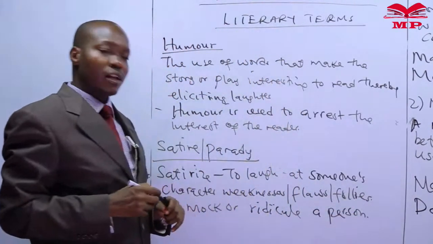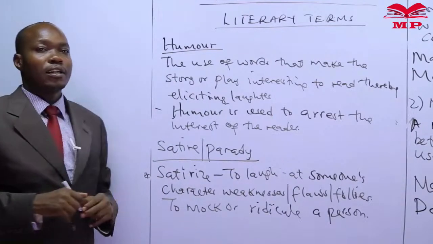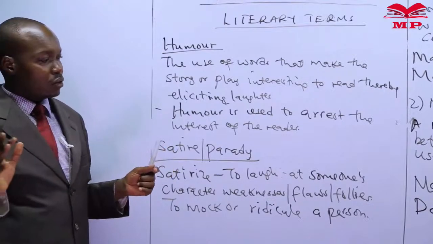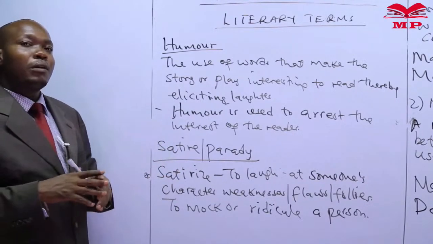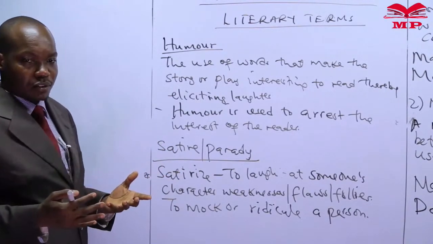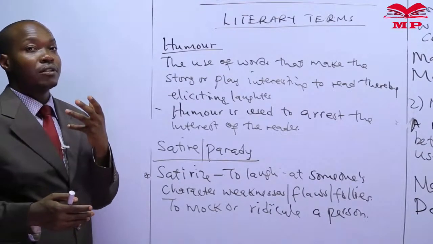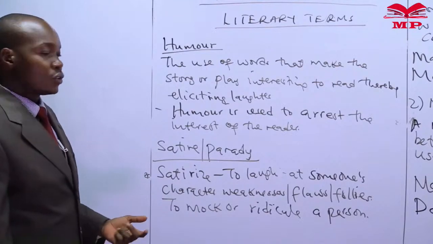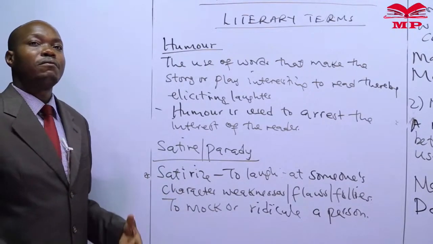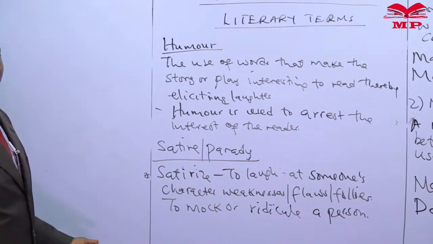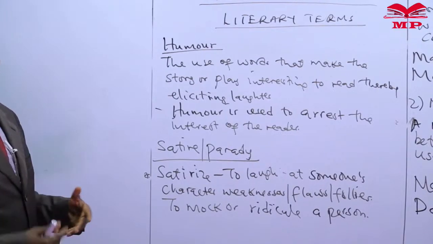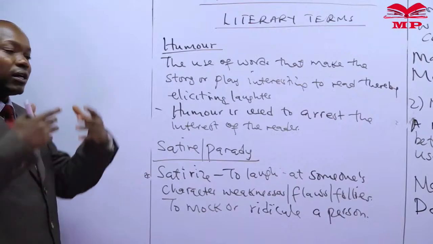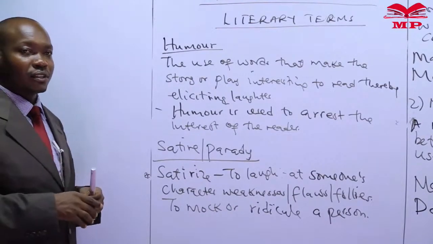Now, students, let me make this very clear. We are not laughing at someone's physical weakness, no, but character. If someone is physically disabled, for example, someone is blind or deaf or physically handicapped, we are not laughing at them, no. That's a physical disability, okay? And in literature, we don't look at the physical part. We look at the character, personality.